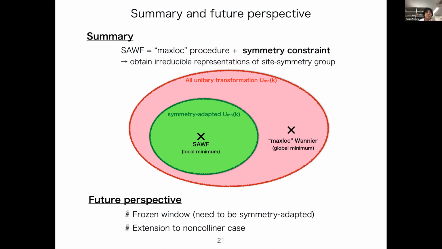And for the future perspective, for the moment, for example, the symmetry adapted Wannier function does not support the frozen window or the inner window. Basically, it should be possible, but again, to create the symmetry adapted Wannier function, this window should be compatible with the symmetry.